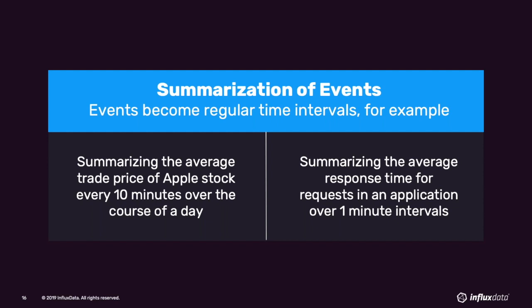But if we average that out over every 10 minutes and look at how that changes, suddenly we took that irregular data, or those events, and turned them into regular data, or metrics. Same thing for the average response time for requests in an application over 1-minute intervals. Those requests and the response time are going to vary based on the needs and when those requests are coming in. But if we average them out over the course of a minute, we've turned those events into metrics.